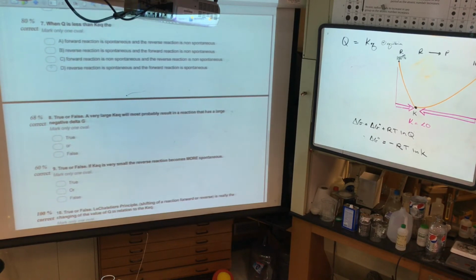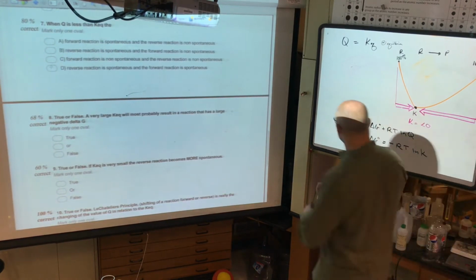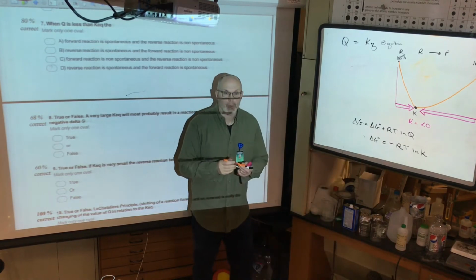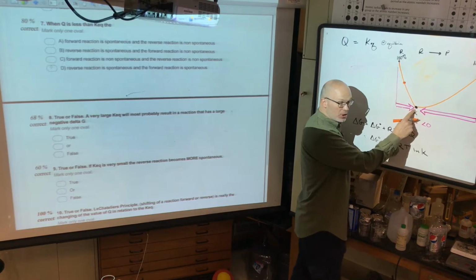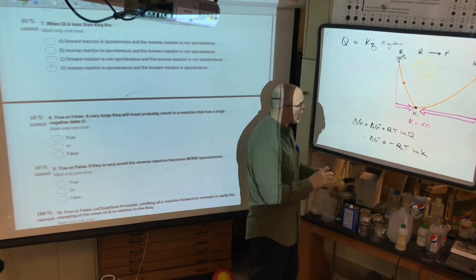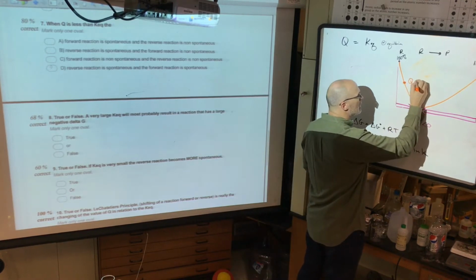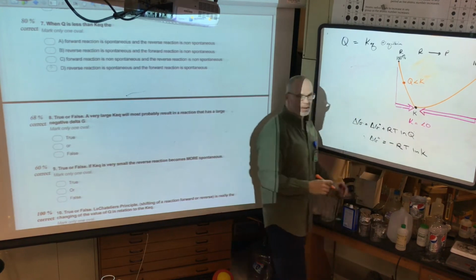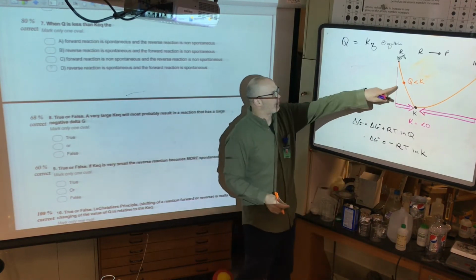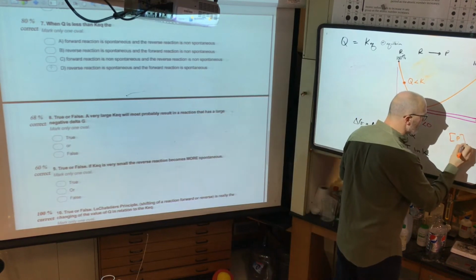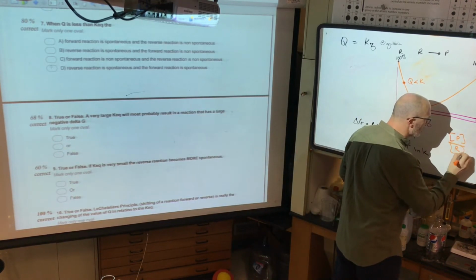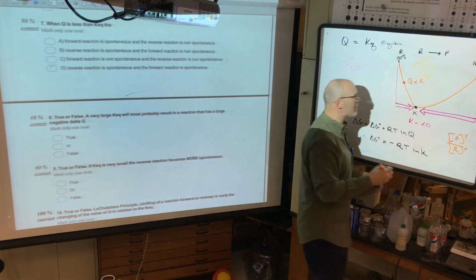When Q is less than K, remember, it's always a position of where the reactants are versus this position. So when Q is less than K, why would that happen? What's Q or K? Products over reactants. Coefficients become exponents. Solids and liquids do not apply.